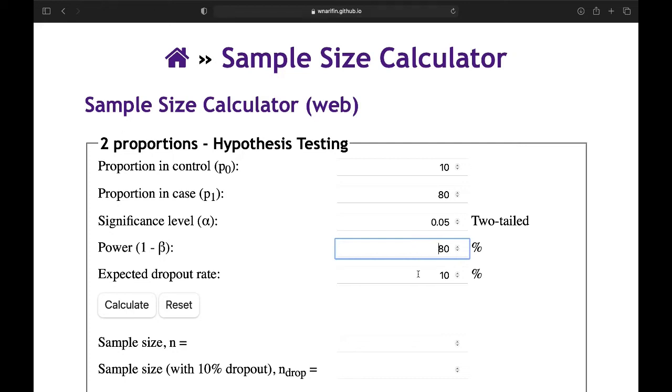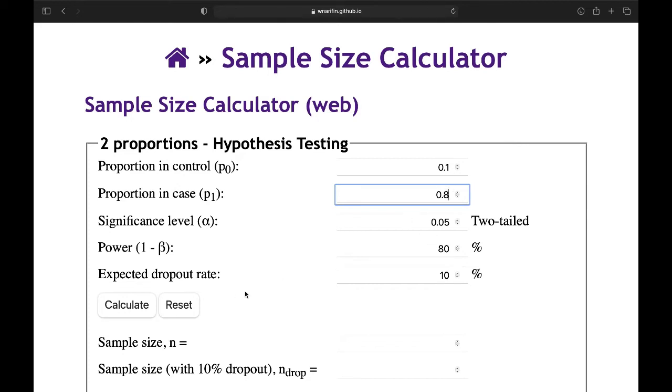We have to also account for non-response rate or dropout rate from the study and then hit on the calculate button. Nothing will come. What is the problem? Because when we say proportion, it has to be written as 0 to 1. That is 10 has to be written as 0.1 and 80 has to be written as 0.8. Right?